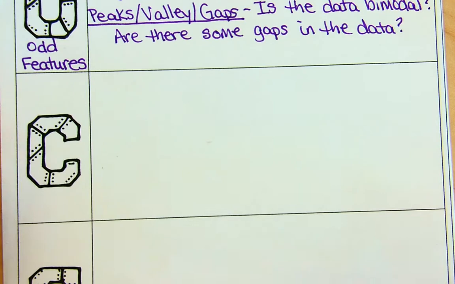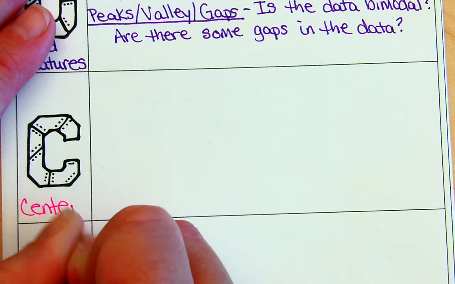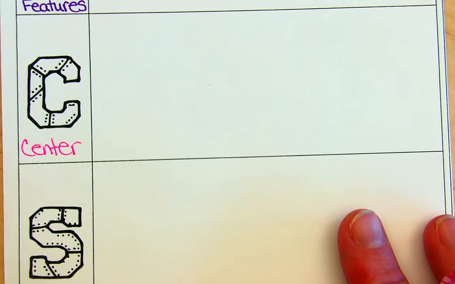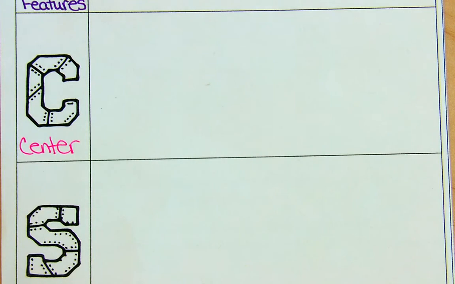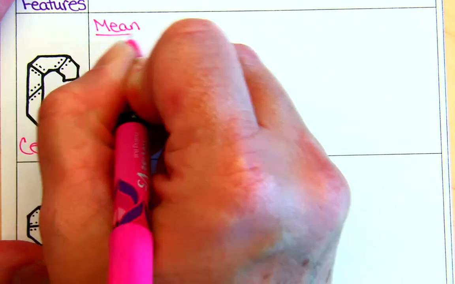Okay, so the next one, C, this is for our center. So these are going to be the ones you are probably most familiar with already. Mean.